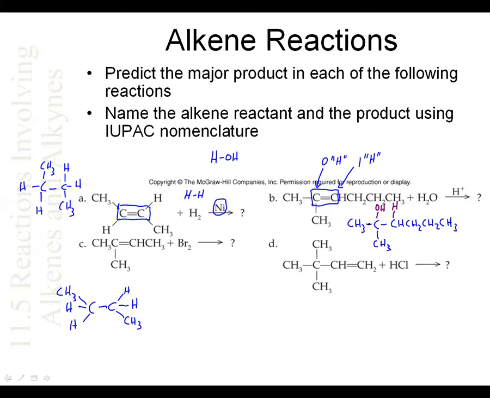Same deal as we go to the left. We have just the carbon-carbon double bond. That's the important thing. We're just going to copy it exactly the same, and turn the double bond into a single bond.